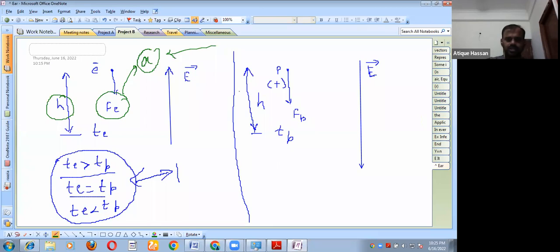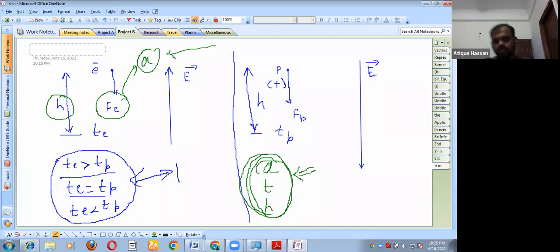So there are three things you have in hand: acceleration, time, and distance. So you must use an equation which contains all these three physical quantities: acceleration, time, and distance.